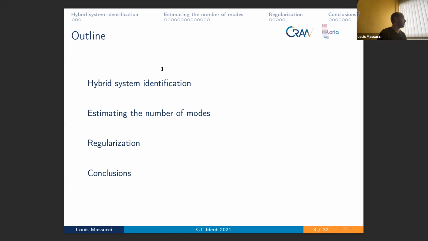Then I will present a method that estimates the number of modes of a switch system using structural risk minimization, which is a model selection method coming from statistical learning theory. And then I will present what could be the benefits of regularization for the analysis of such models.